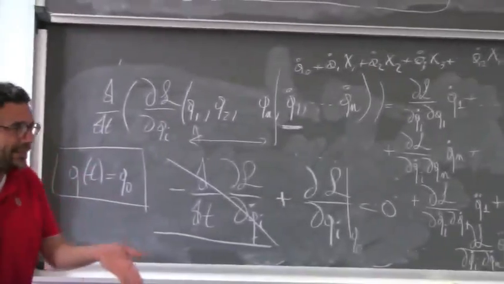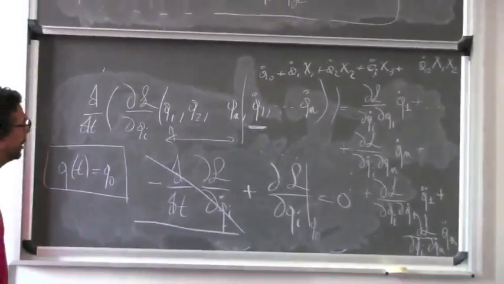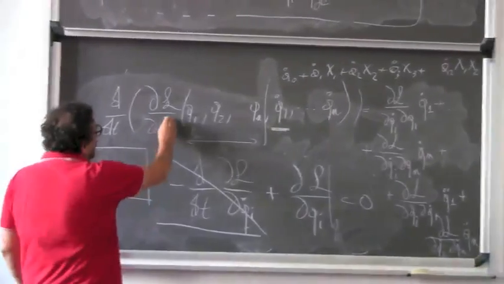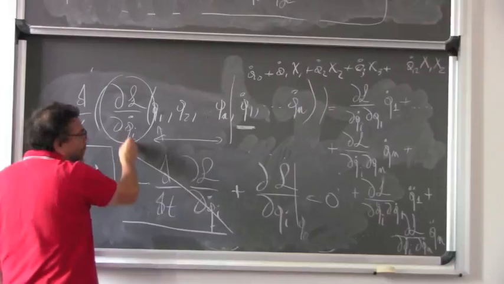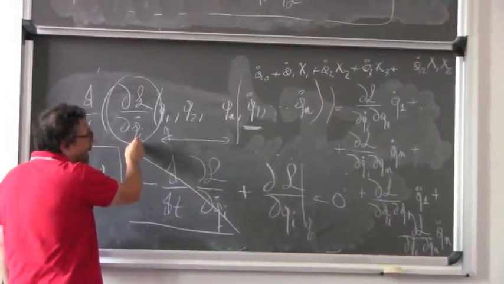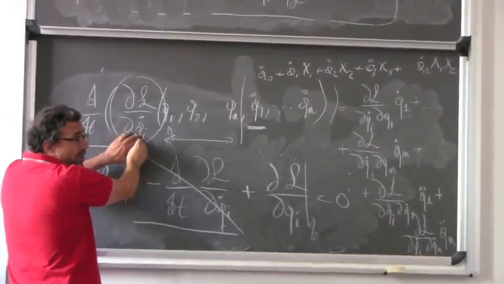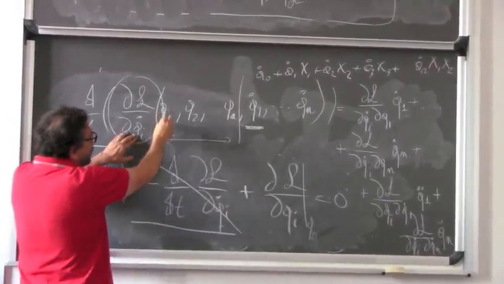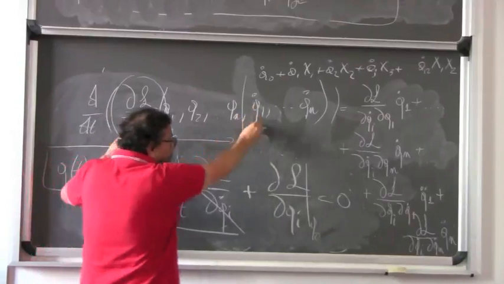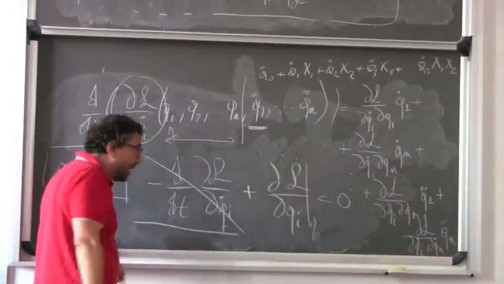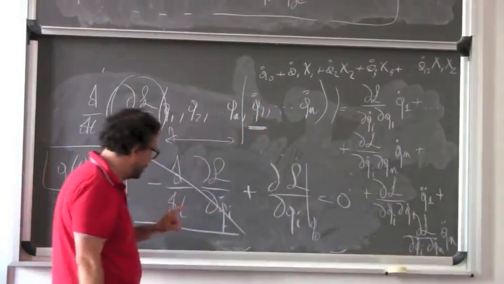So tell it. This is, and I forgot here, this is the dL over dq. And then I must calculate the partial derivative with respect to Q1, Q2, Q dot 1, Q dot 2. So I misunderstood your question.